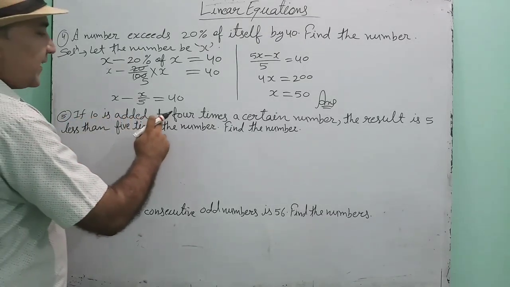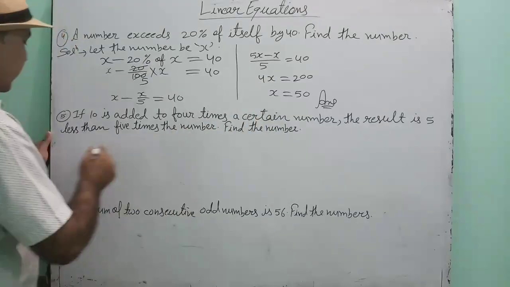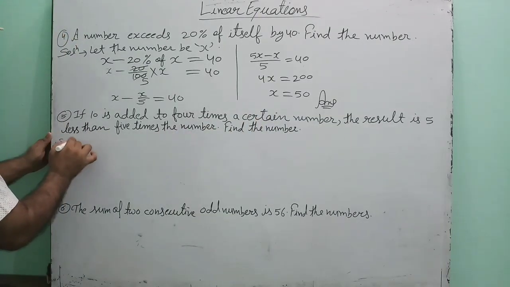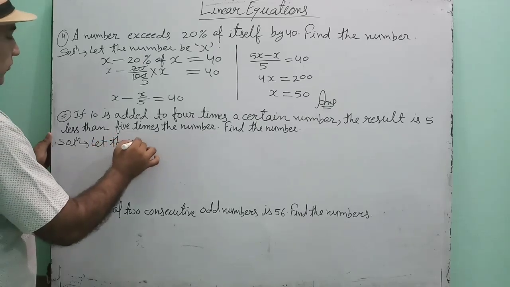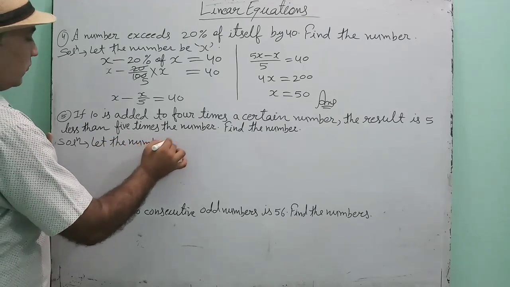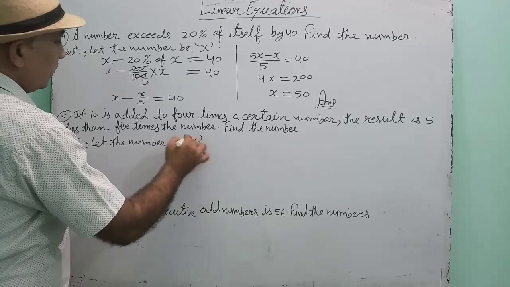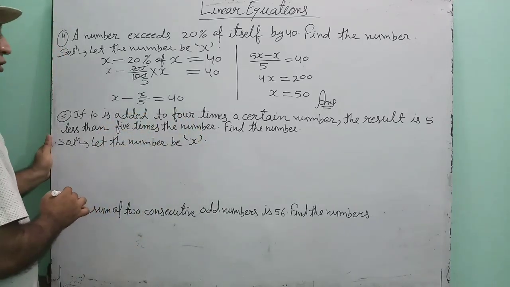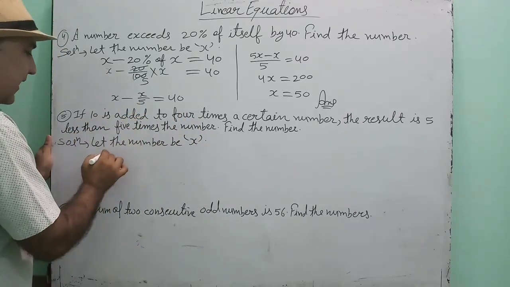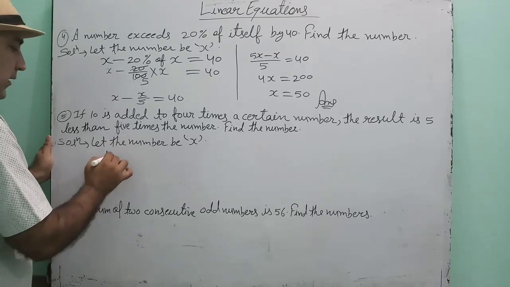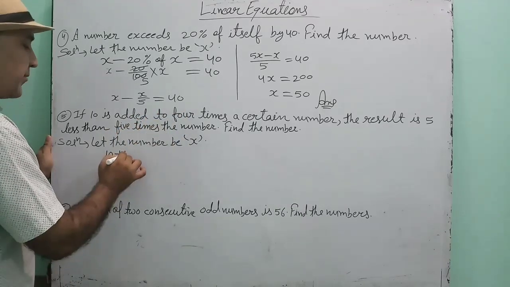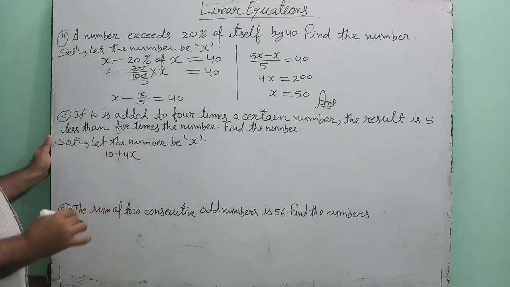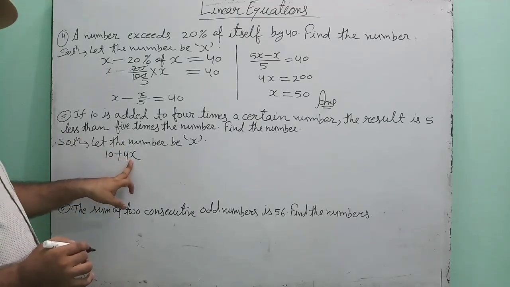If 10 is added to 4 times a certain number, so first suppose the number. Let the number be x. Now 10 is added to 4 times a number. 4 times a number means 4 into x.